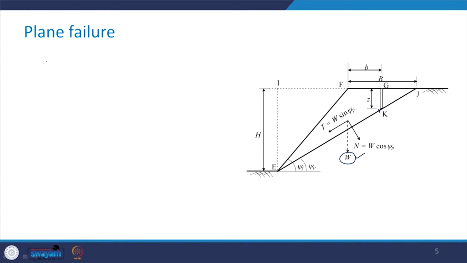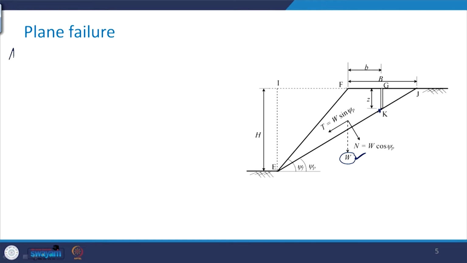So, in order to find out the volume, I need to first find out this area, which is EFGK, and volume is going to be area EFGK into 1. So, basically, in order to obtain this weight W, I need to first find out the area EFGK.